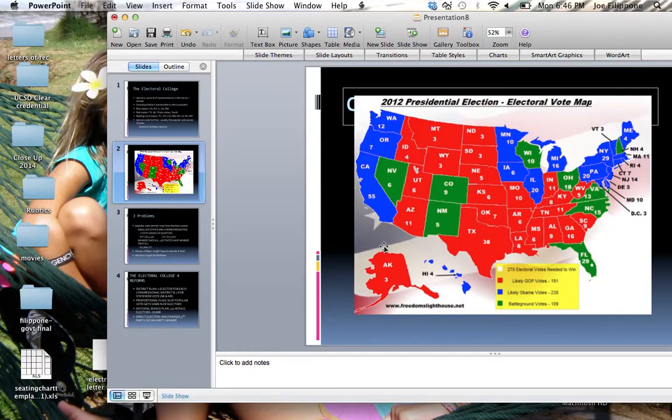And that means if it goes to the House of Representatives, Wyoming, which has 3 electoral votes, has just as much power as a state like California or Texas or Pennsylvania, New York, and Florida that have way more electoral votes than them. So pretty unfair process, but that is how it is in the Constitution. That's how it's stated.